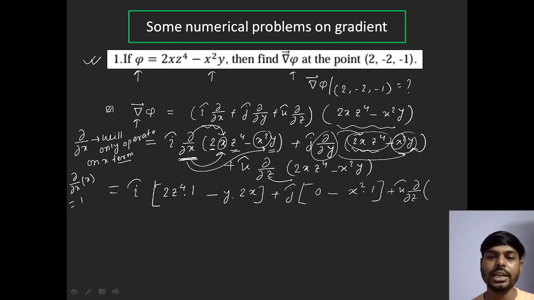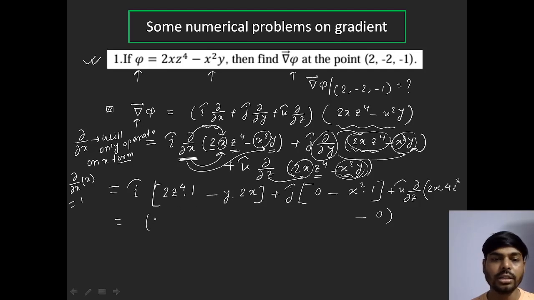Okay, plus k cap del z. So when del z operates on the first term, yes, there is a z term, so 2x will be as it is, and del z of z to the power 4 gives you 4 z cube. Minus, but there is no z term in the second term, so when del z operates on it, it gives you 0. Okay, so just simplify these ones.